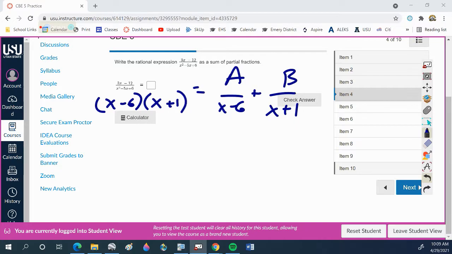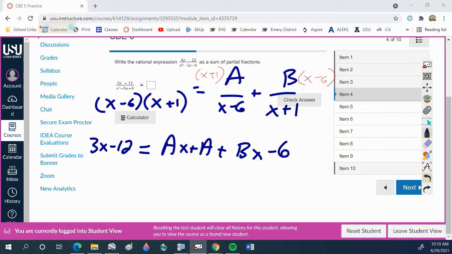Does it matter the order I put those in? No, because in the end, I'm going to end up with the numbers in the right position. Okay? So what does the a fraction need? X plus 1. What does the b fraction need? X minus 6. So 3x minus 12 is equal to ax plus a plus bx minus 6b.